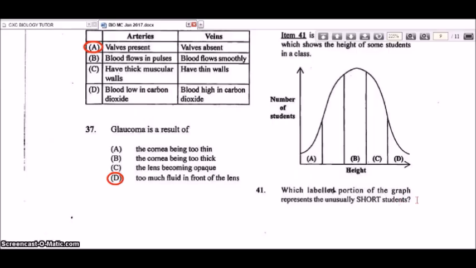So that would have to be A. So this is the area. So we're looking at a graph that is pretty much showing you continuous variation in height, and the extremes are A and D, and then the intermediate heights would be in the middle. So A is the shortest heights and D would have the tallest heights. So A is the correct answer for 41.